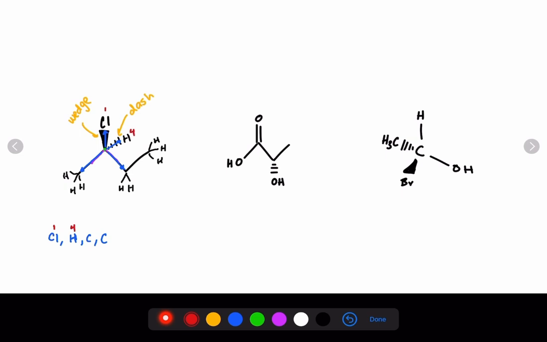We're looking at 2 carbons, which have equal mass, so we need to do a tiebreaker. To do that, you look at the 3 atoms that the atom is bonded to. So let's look at this carbon right here. It is bonded to 3 hydrogens. So under that carbon, we can write H, H, H. Now, the carbon right here is bonded to 2 hydrogens, but it's also bonded to another carbon.